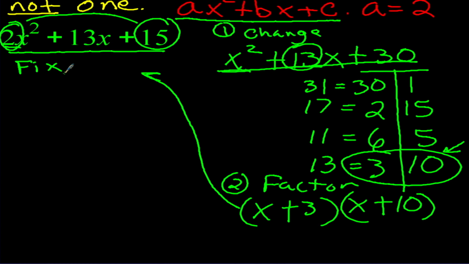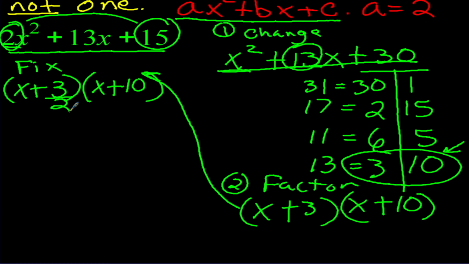The way we do that is we take our two factors, x plus 3 and x plus 10, our two binomials, and we have to divide each constant part of that by our leading coefficient that we started out with, 2. So we divide the 3 by 2, and then in x plus 10, we divide the 10 by 2.